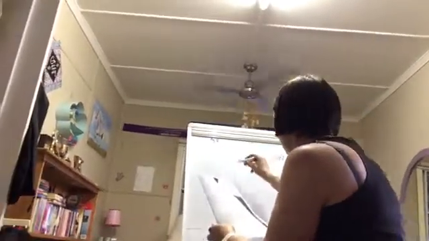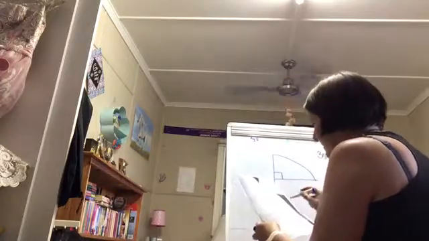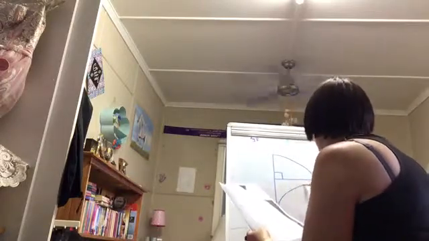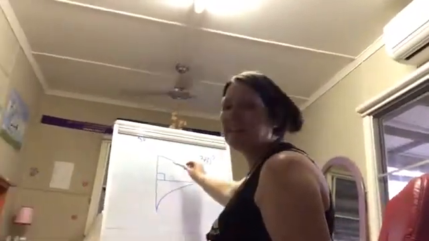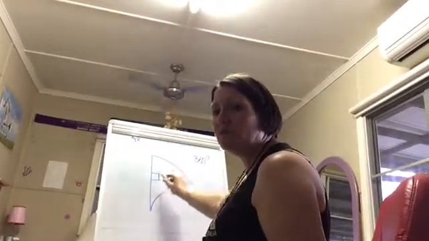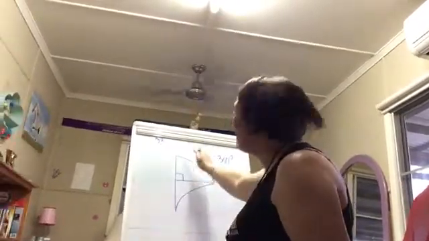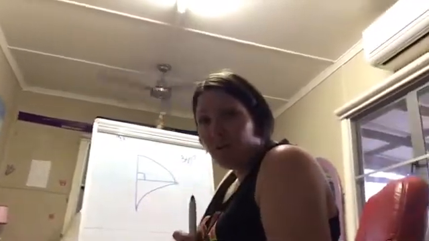Okay, bear with me. Alright. Now, it can be deceiving here because this looks less than this. Okay, but remember, we're not looking at the area, not looking at how much area it takes up. We're looking at the perimeter, the length around the outside. And this is what I know.